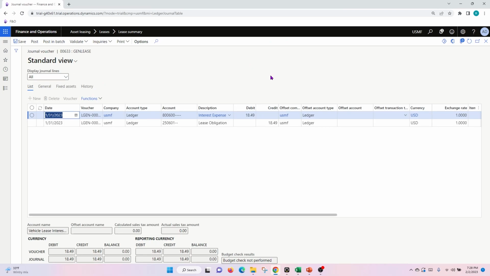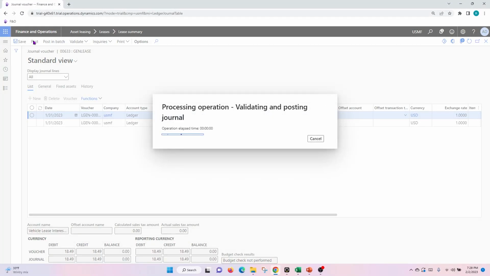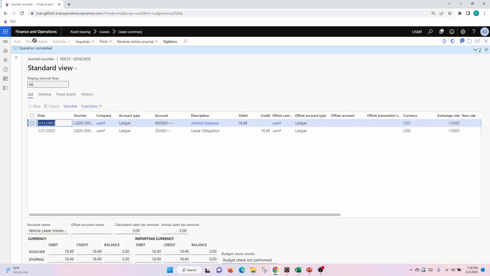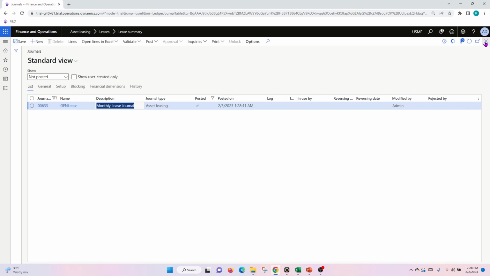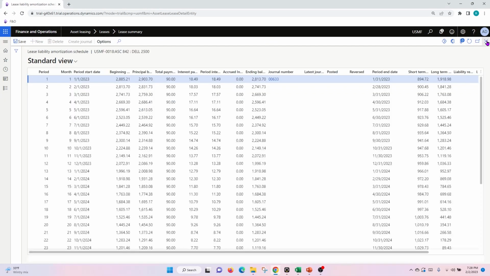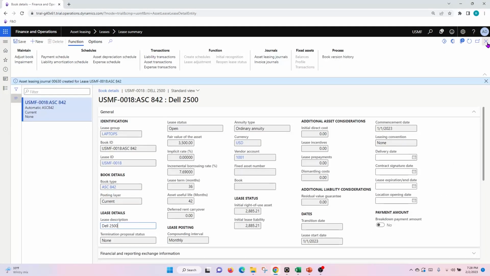Here I have my debit to interest expense and my credit to my finance lease liability or lease obligation. So I will go ahead and post. So really, guys, that's it. That completes the process there. That's what you're going to have to be processing every month.